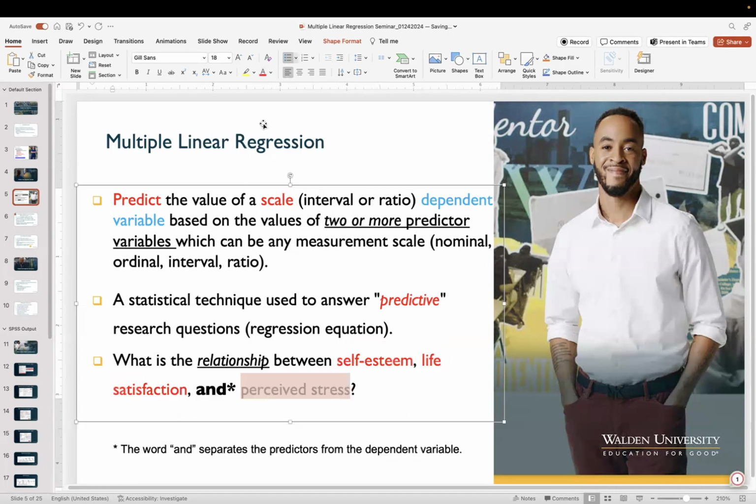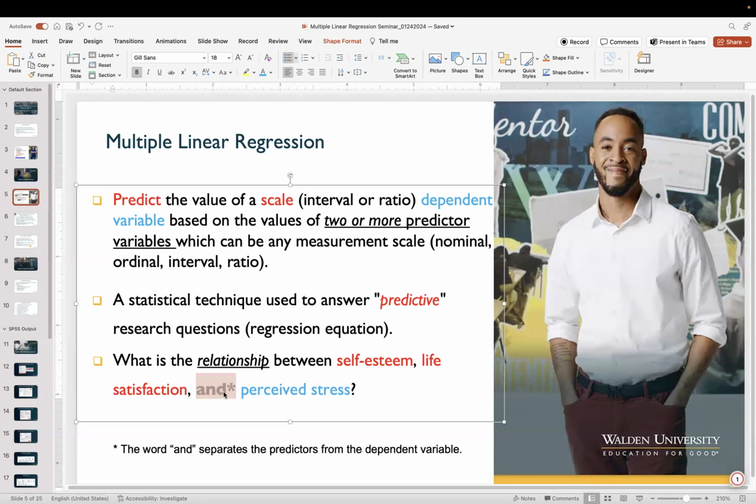Now, I'm going to take perceived stress, and I'm going to make that a different color purposely. The word "and" in a research question, especially for multiple regression or relationship type study, is very critical. And the placement of that word is very critical. And the placement of these variables that I have just highlighted is critical.